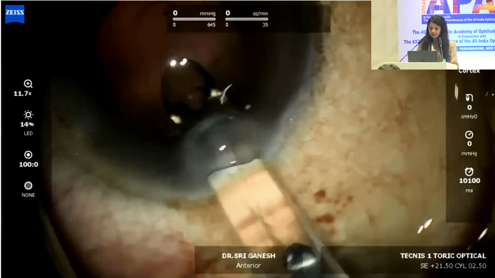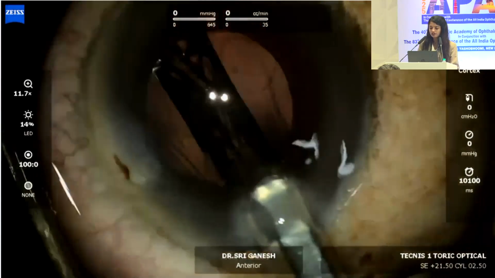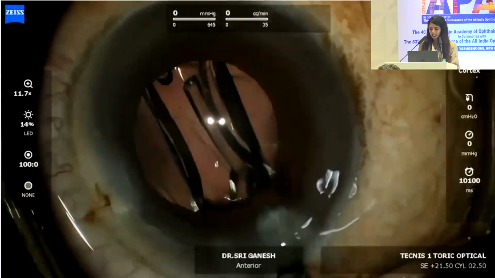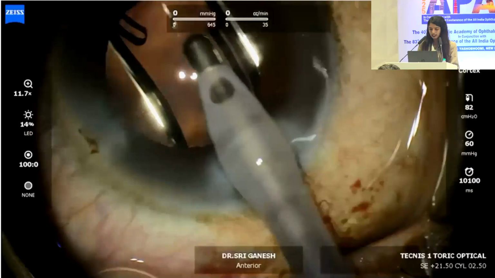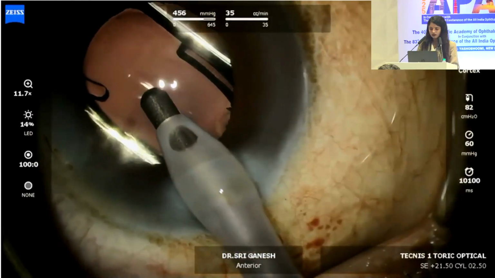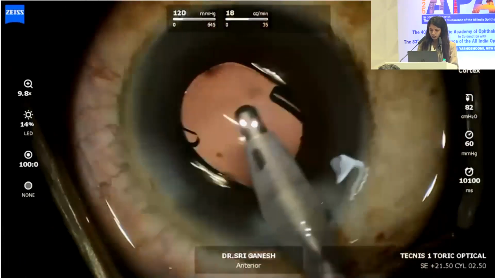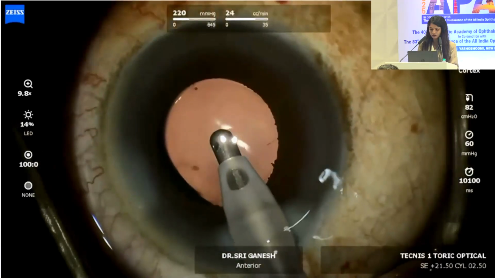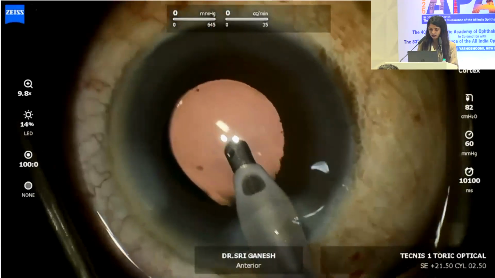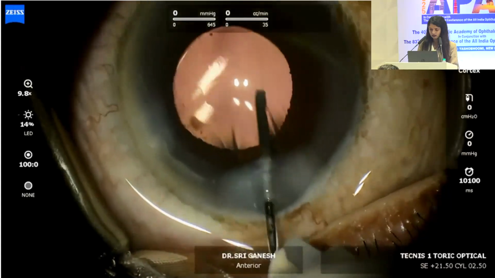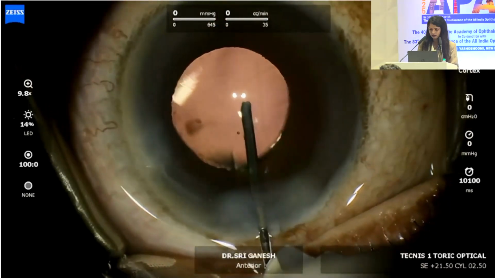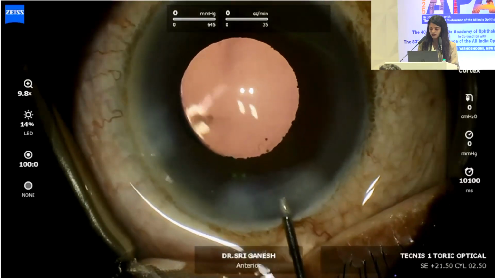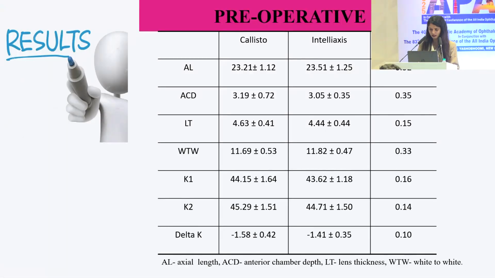Here the IntelliAxis Lensar laser performs IntelliAxis capsular nubs while doing capsulotomy, and after injecting the lens we should match the toric marks on the intraocular lens with the capsular nubs as it is shown in the video. So with capsular nubs, toric marks were matched.